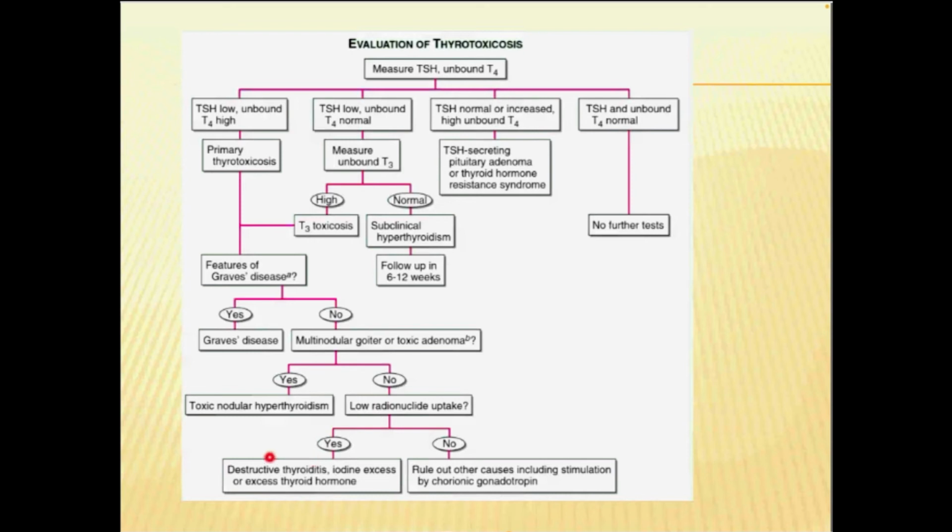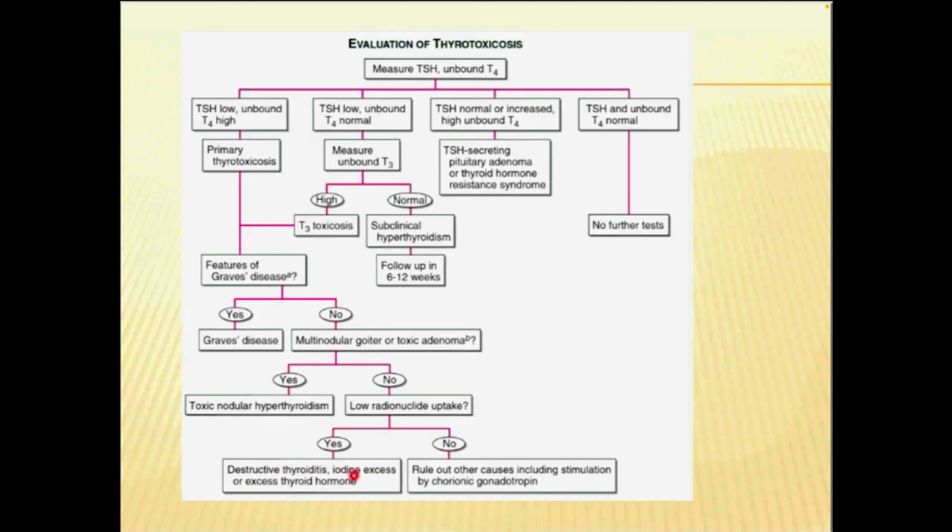It can be destructive thyroiditis. The thyroid gland will get inflamed. It will produce an increased amount of T3, T4, and because of the increased working, it undergoes autolysis. It will get exhausted. This is called destructive thyroiditis. And the other is iodine excess.